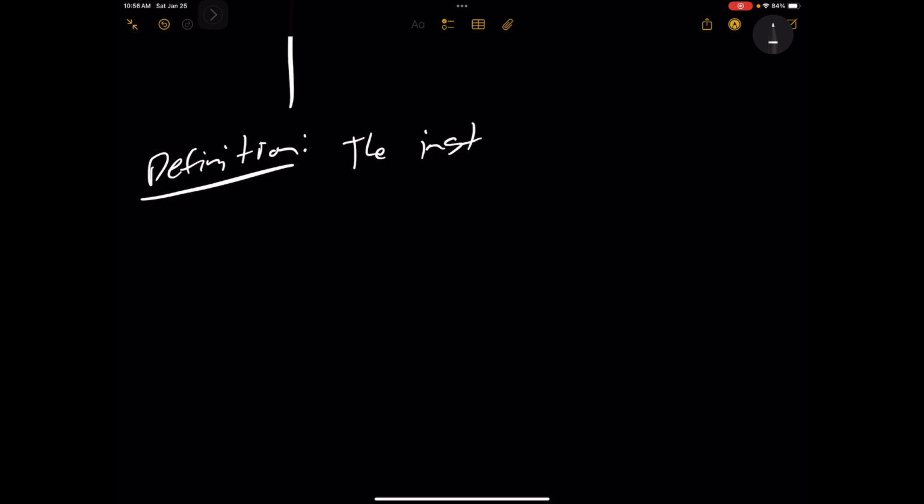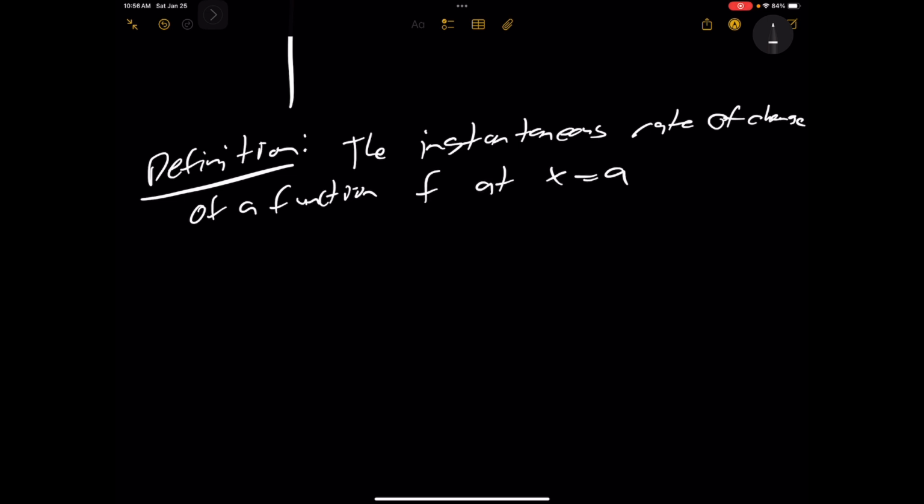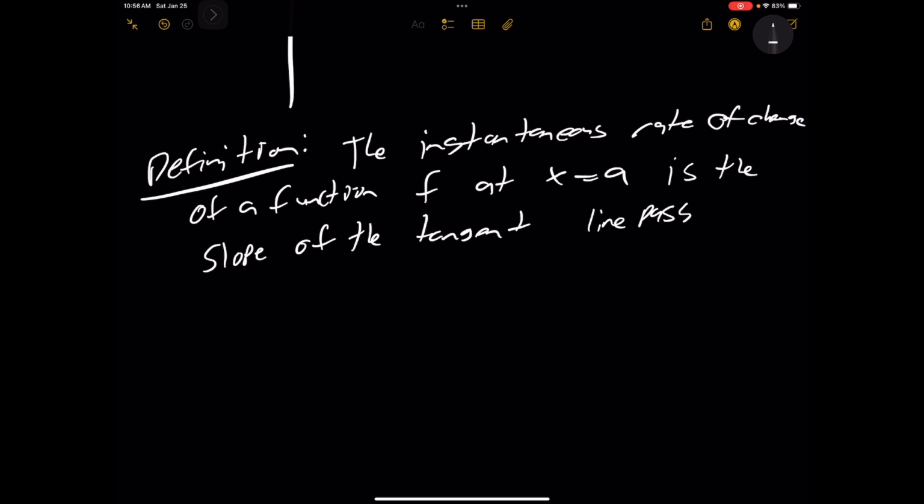The instantaneous rate of change of a function f at x equals a is the slope of the tangent line passing through the point (a, f of a).